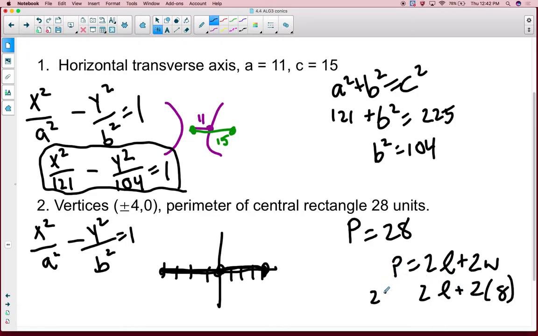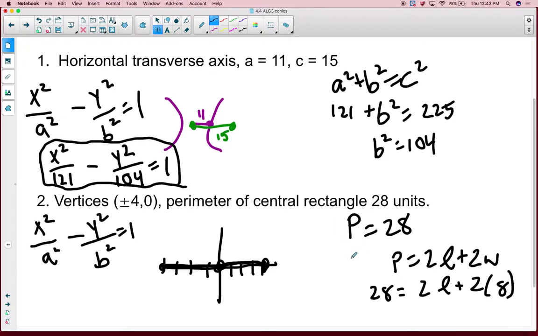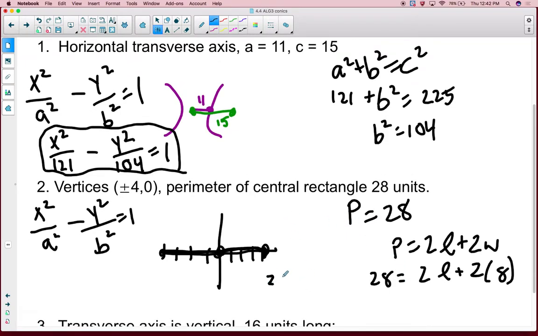My perimeter is 28. So I have 28 is equal to 2L plus 16. I can subtract 16 from both sides and get 12. So I have 2L is equal to 12. Therefore, L is 6. So the entire length is 6, right?